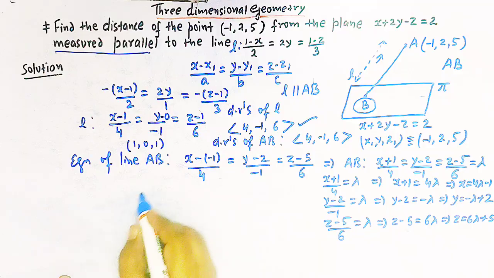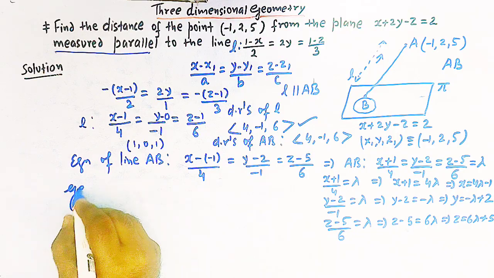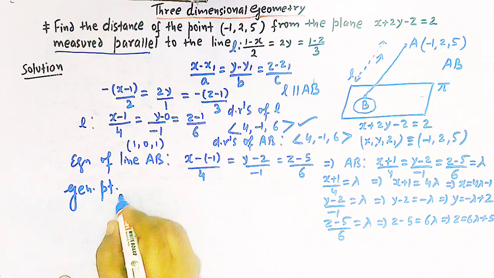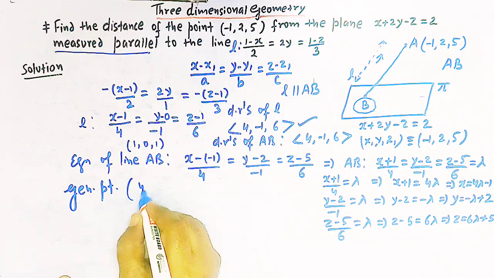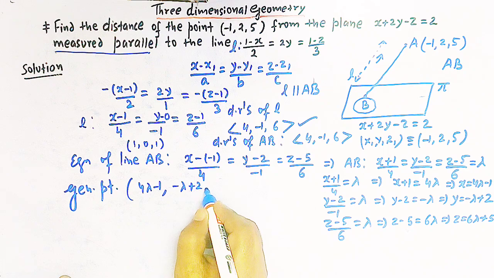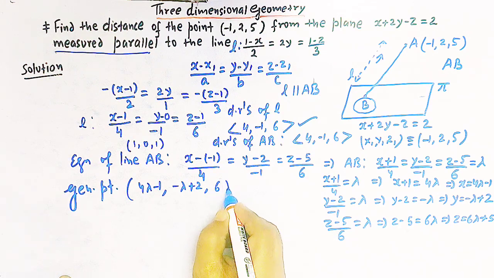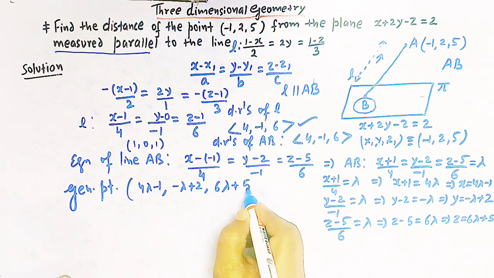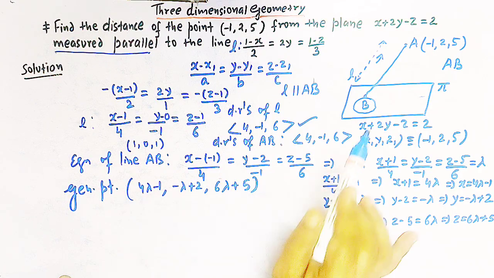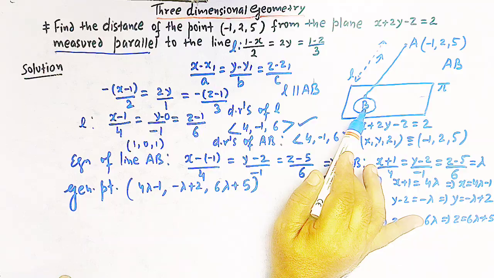So the coordinates of the general point lying on this line AB are given by (4 lambda minus 1, minus lambda plus 2, 6 lambda plus 5). And for some particular value of lambda, this coordinate will represent this point B.